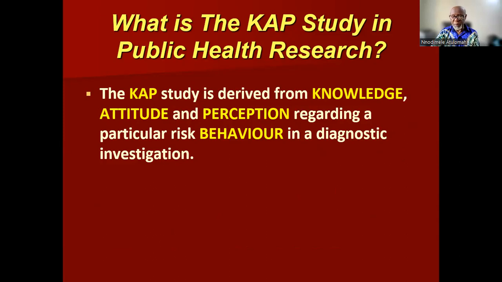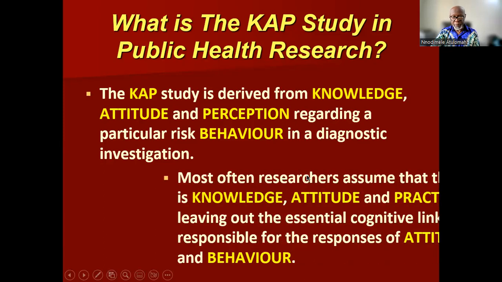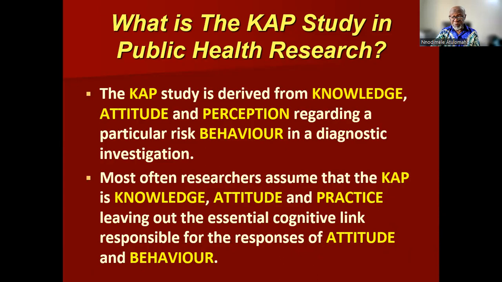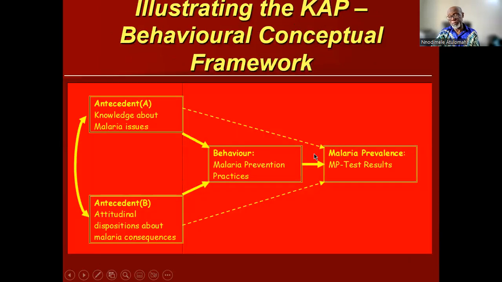Knowledge, attitude, and perception are antecedents that help us to understand the nature of the risk behavior being diagnosed. Most often, researchers assume that KAP is knowledge, attitude, and practice, leaving out the essential cognitive link responsible for the response of attitudinal disposition and behavior.